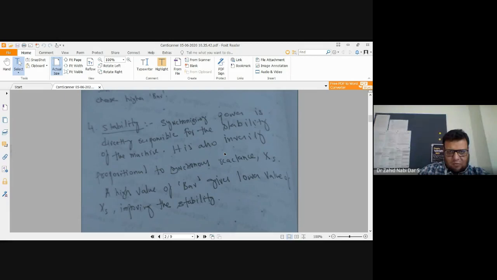For example, I am generating 100 kilowatts of power and I am consuming 50 kilowatts, then it is okay. I have a spare capacity of 50 kilowatts. But what happens when I am generating 100 kilowatts and I am consuming 110 kilowatts? Is it possible? It is only possible in a bank, not in a real life situation.